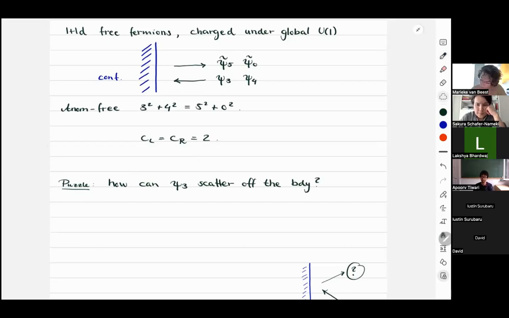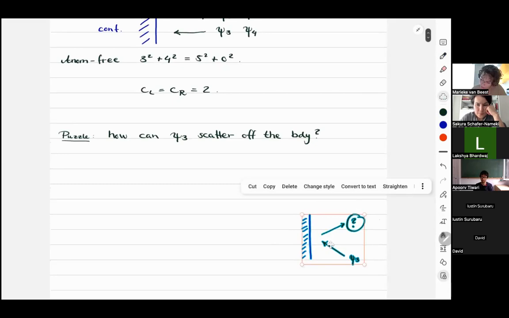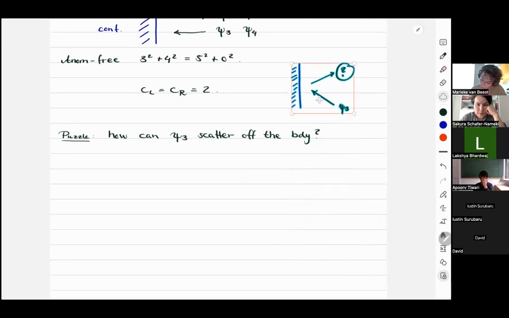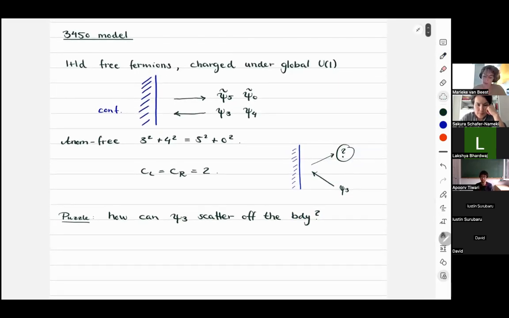Okay, so what happens if I throw in psi3? The only thing I've required here is that I have these left movers and right movers, so I have this chiral theory. There's a conformal boundary which preserves the global U(1). Okay, and it's been shown that you can write down a boundary like this. So if I throw the psi3 into this boundary, since it preserves the symmetry, the thing that comes out better also have charge 3, right?